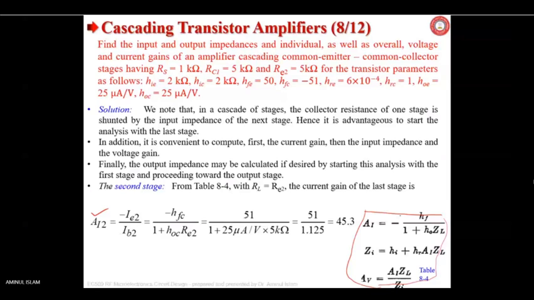So 51 is in the numerator, and in the denominator 1 plus HOC, which is given as 25 microampere per volt, multiplied by RE2, which is 5 kilo ohm. Putting these values, we get the current gain of the second stage as 45.3.